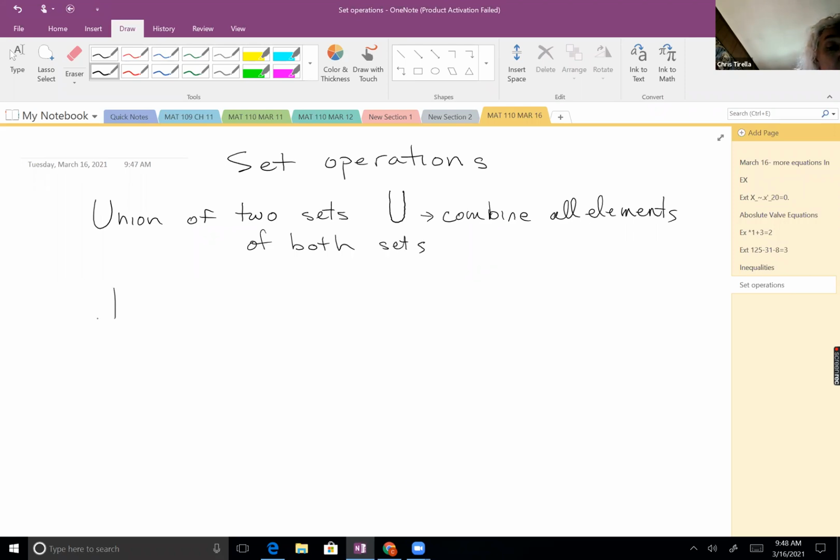And we had the intersection of two sets. The symbol for intersection was that union symbol upside down, and it was the elements common to both sets.